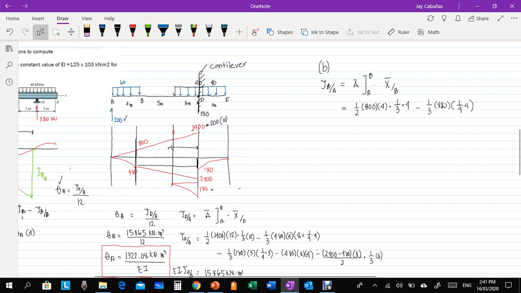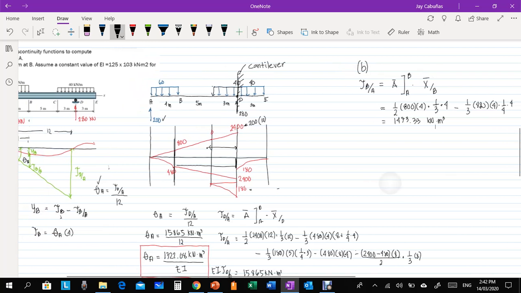So the answer should be 1493.33. Okay? So that is the answer, in kilonewton cubic meter.